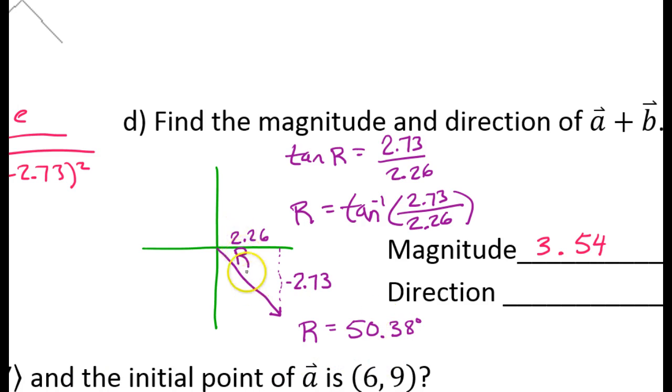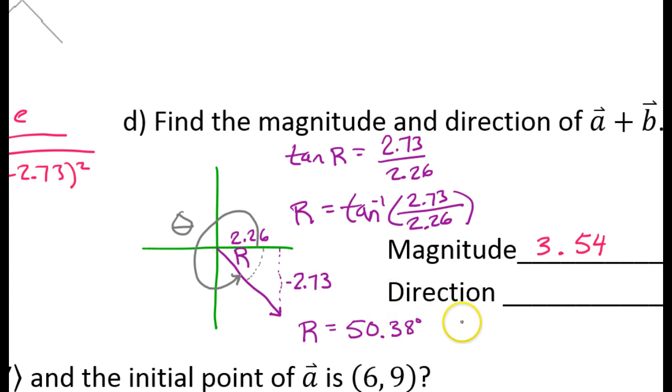The direction of the vector has to be measured from the positive x-axis. So this is the angle that represents the direction. Let's call it theta. So the direction is theta. How does that relate to r? Let's see, theta was on its way to being 360 degrees, but it had to stop short by the amount of r.